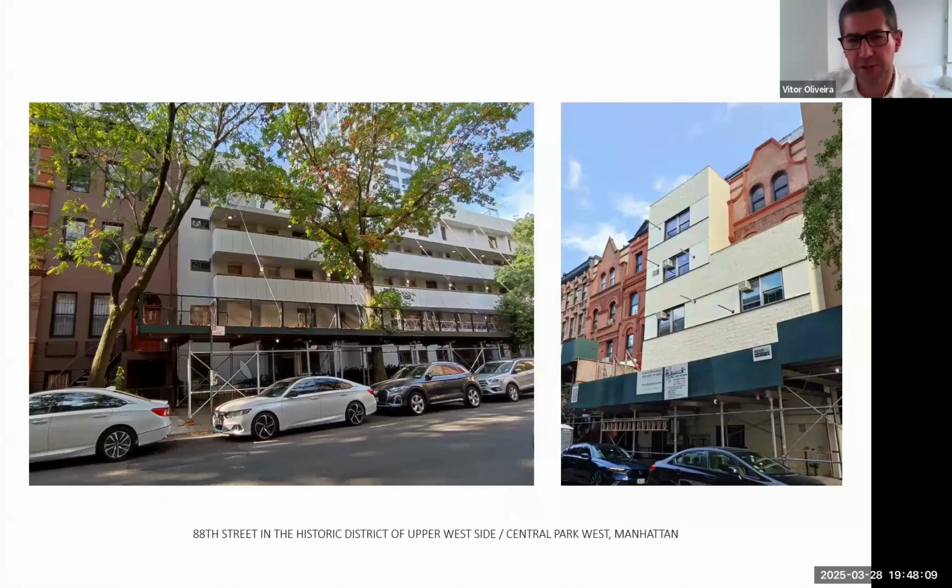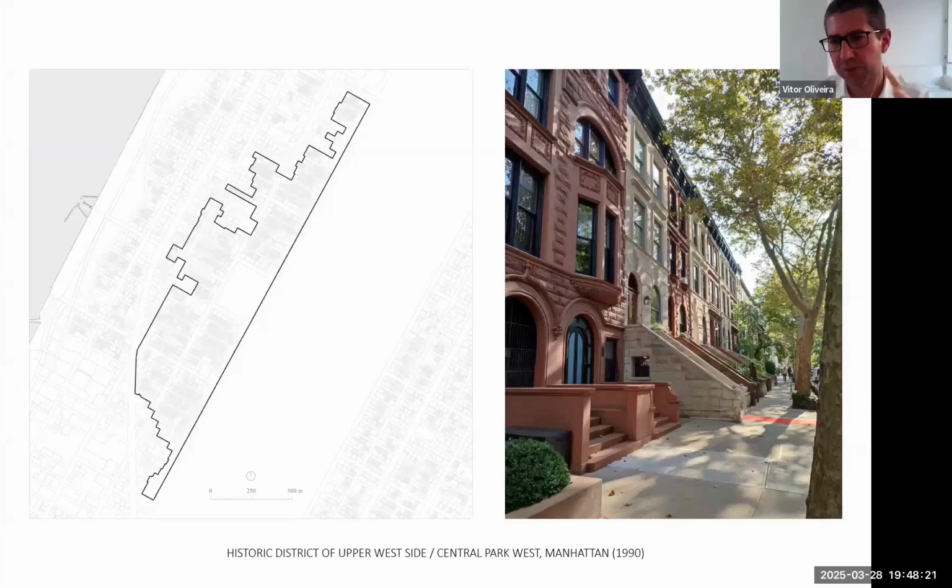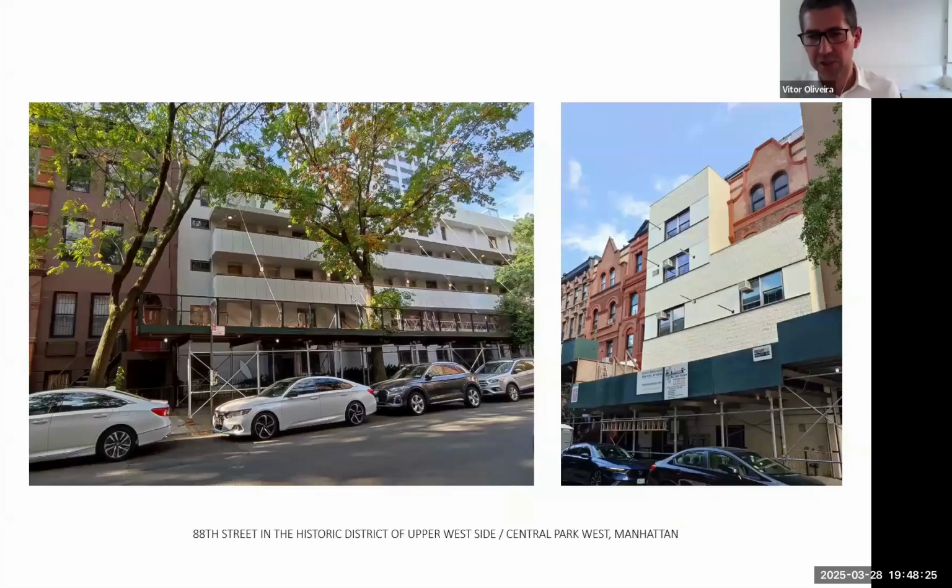In the first figure, you see how a group of plots have been amalgamated and a new building with a building width that has nothing to do with this character has been created. In the second image, you see a less significant change. It's just two plots amalgamated, but then again, the facade doesn't seem to fit very well here.